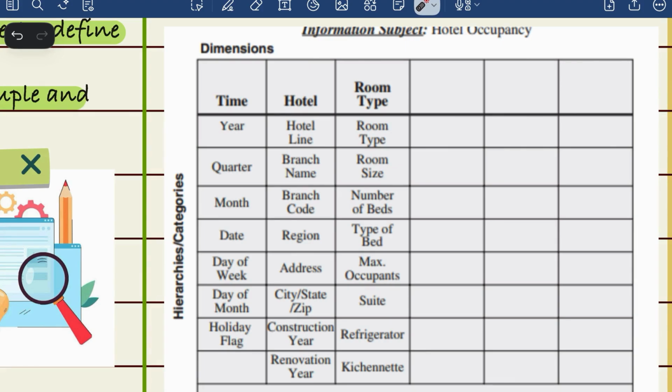So all these facts, all these measures would be calculated based on these dimensions. And this is the document which is provided to the business managers to know if this is what they want to analyze. So the business manager decides that yes, this is what I actually want to capture for my department. And then the database developer can take this exact package and instantly build a clean schema from it.